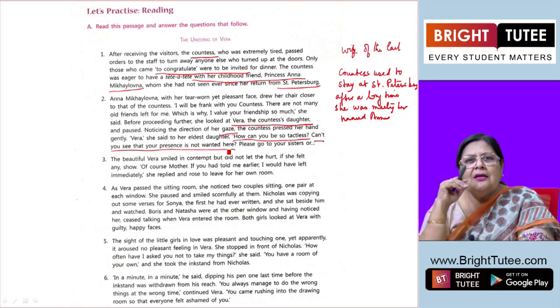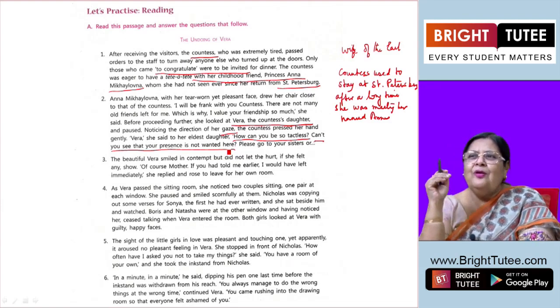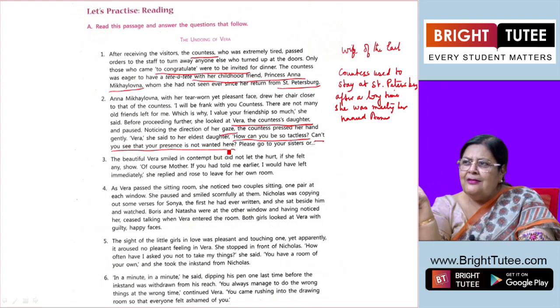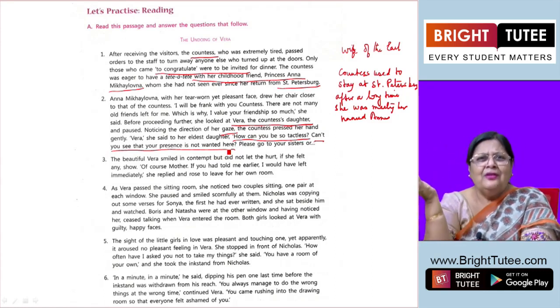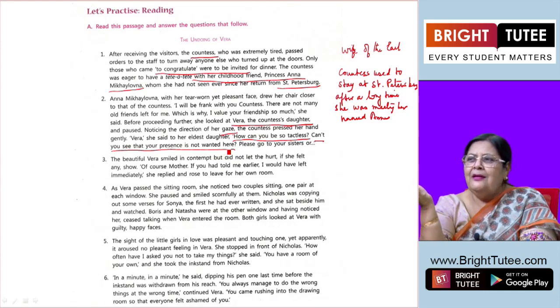Probably the countess could have talked in a different way altogether. She could have said, okay Anna, she is my daughter Vera, and she studies somewhere, and so on.